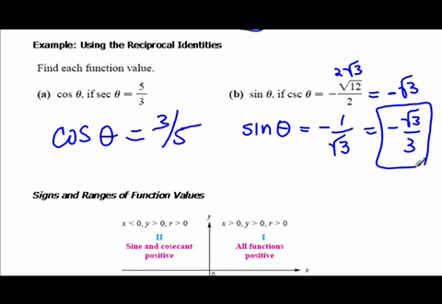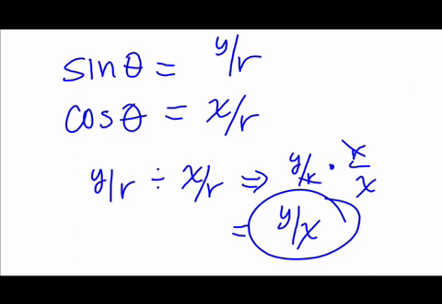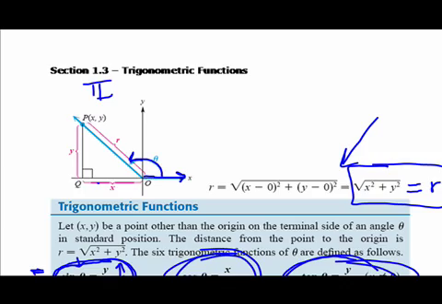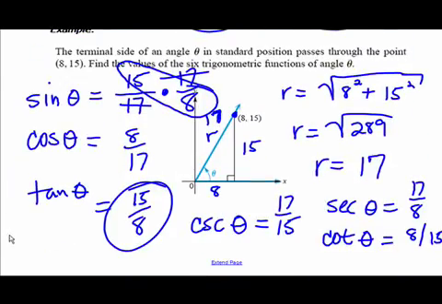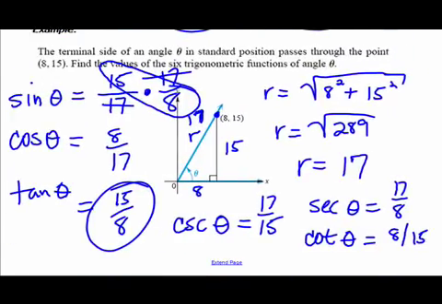Now, the very first page, those first 3 problems that we were working with. Let me go back and make reference to those one more time. Here we had a case where the angle that we are working with, theta, ends up being in the first quadrant, the upper right-hand quadrant.